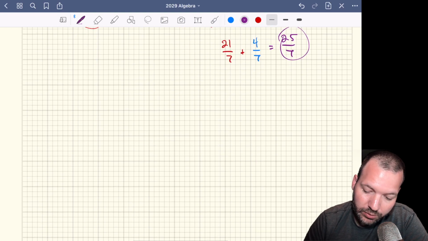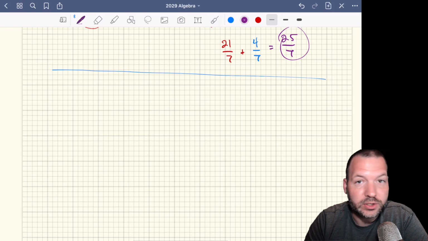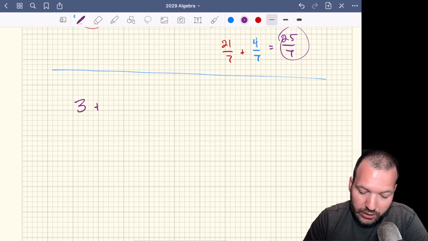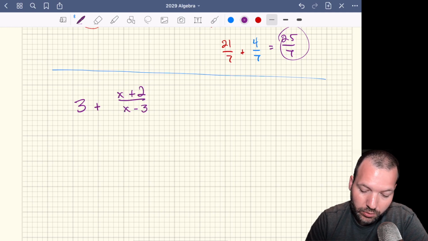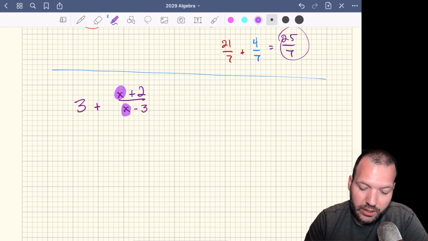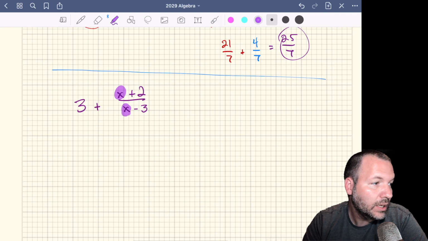So what's a mixed expression? Well, again, it's basically the same thing as a mixed number, but we start throwing some variables in. So the book uses the example 3 plus (x + 2) over (x - 3). Now it happens to be that the variable part is entirely in the fraction, in the rational expression, but that does not have to be the case, as we will see here in a few minutes.